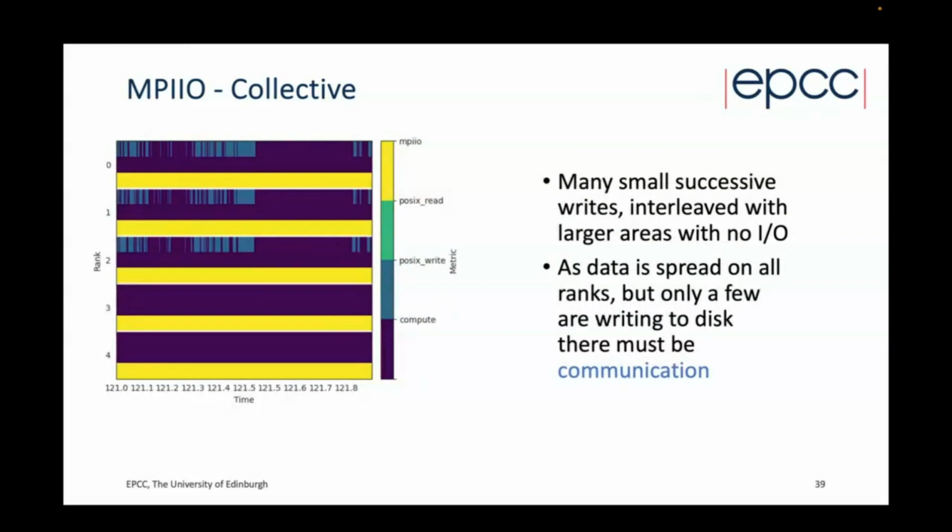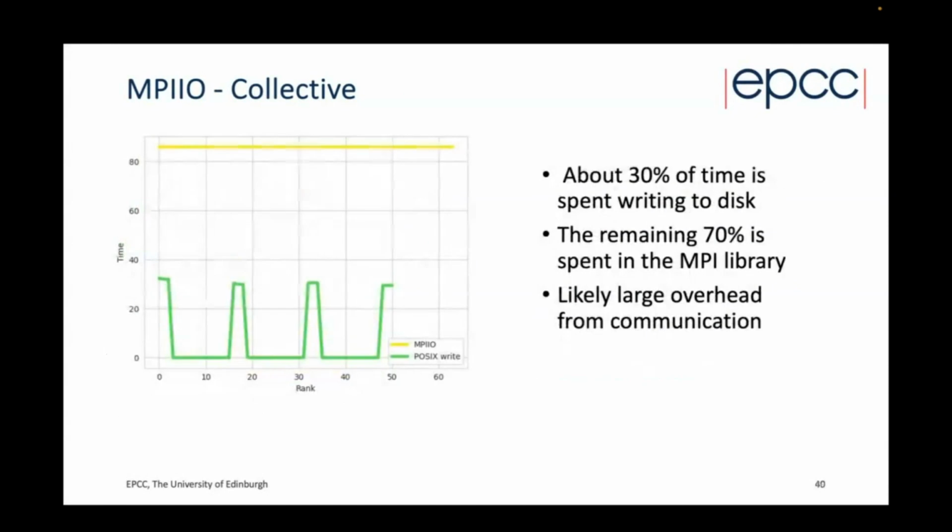We can zoom in, and you can see there are still several small writes interleaved with some bigger chunks. This is because MPI-IO decides that while all the ranks have data to write, only a few of them are actually doing writes. That means the data needs to be sent to these special ranks, which we call aggregators, which means there must be communication going on.